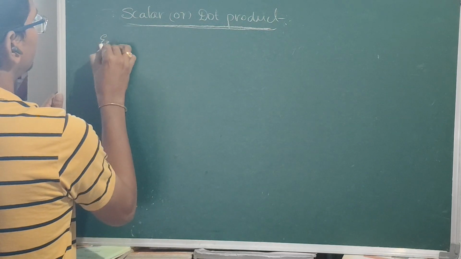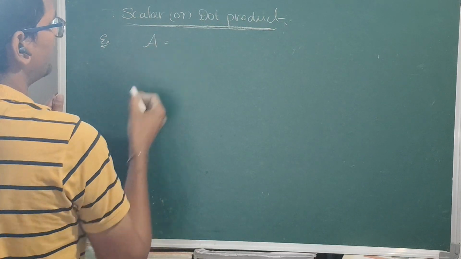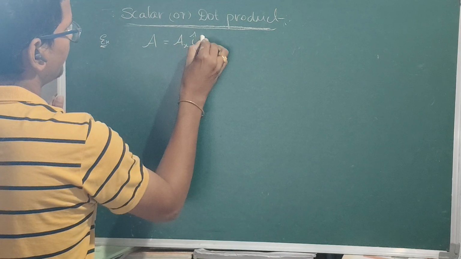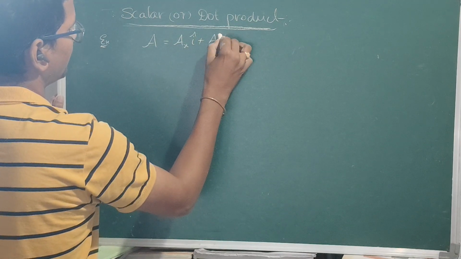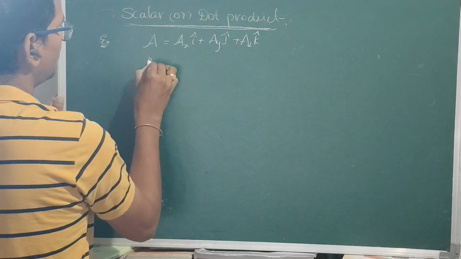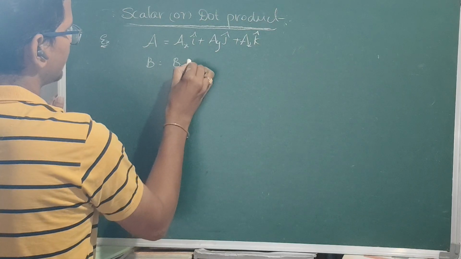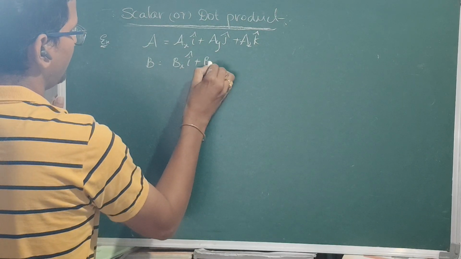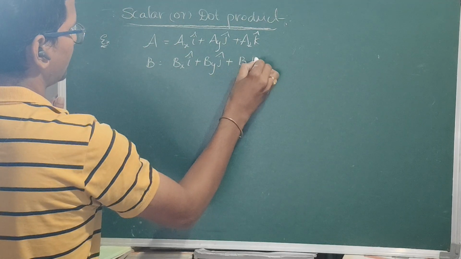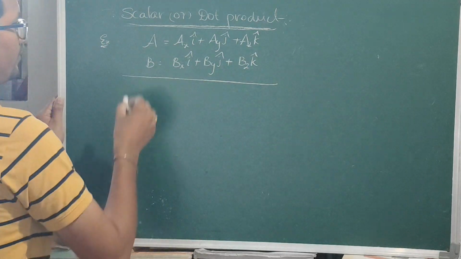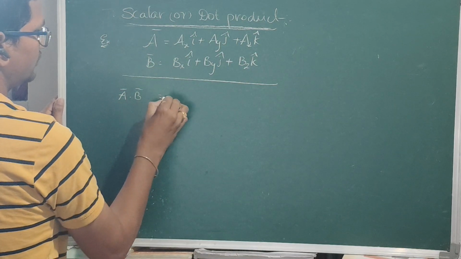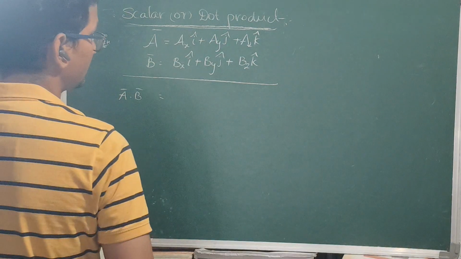The first example: a vector is given, ax I cap plus ay j cap plus az k cap, and b vector bx I cap plus by j cap plus bz k cap. If you want the dot product a bar dot b bar, not addition, dot product, we'll discuss.